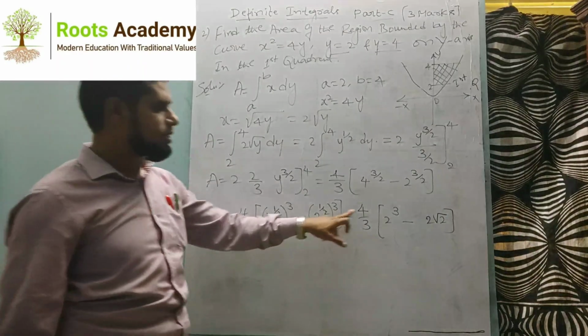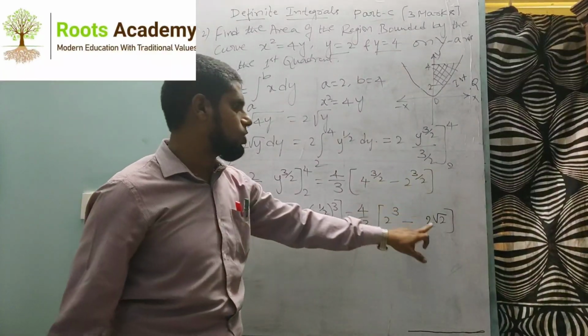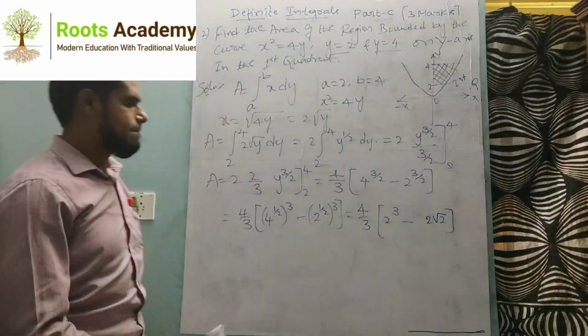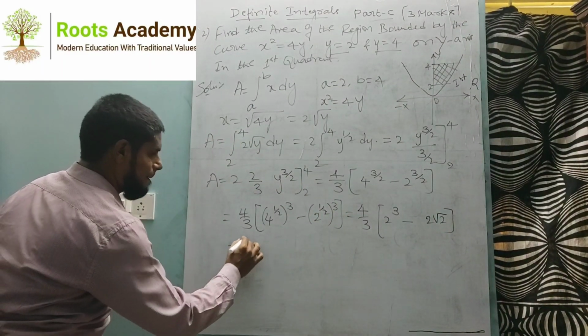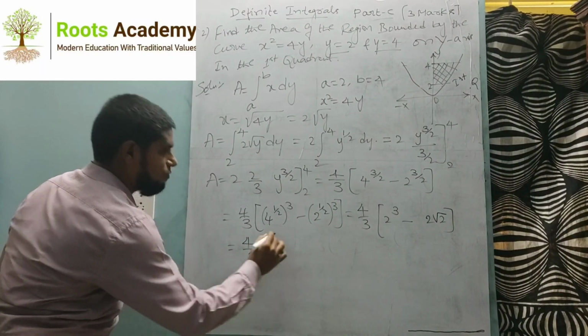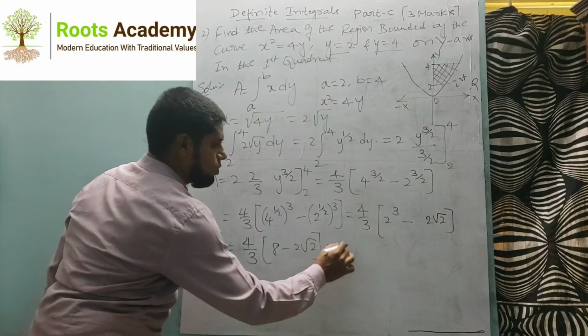Root 2 power 3, or just 2 power 3 by 2, can also be written as 2 root 2. So 2 cube is how much? 4 by 3, 8 minus 2 root 2.